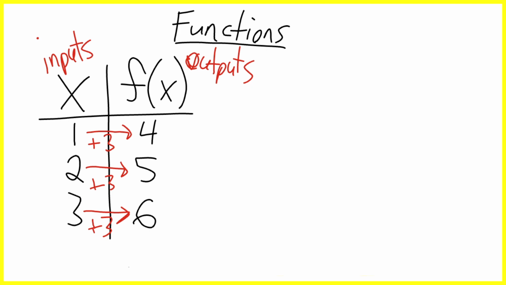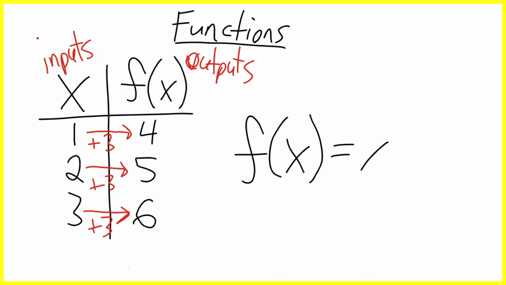F of x is taking my input values, x, and each time it's adding 3 to get the corresponding output values. So here we would say f of x is x plus 3, right? This is what the function is doing, changing the input values to get those corresponding output values.